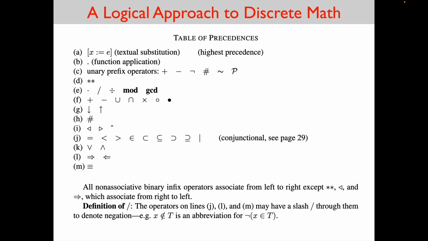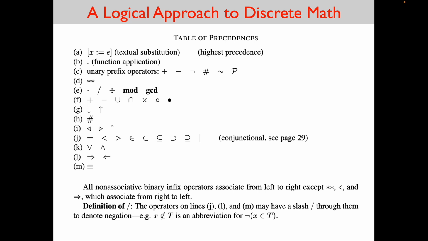And here we have the table of precedence, and this is in the theorem sheet, the theorem document, and it's also in the inside front cover of your textbook, that discusses the precedence of each one of these operators. And notice the main thing to notice here is row K, and or.